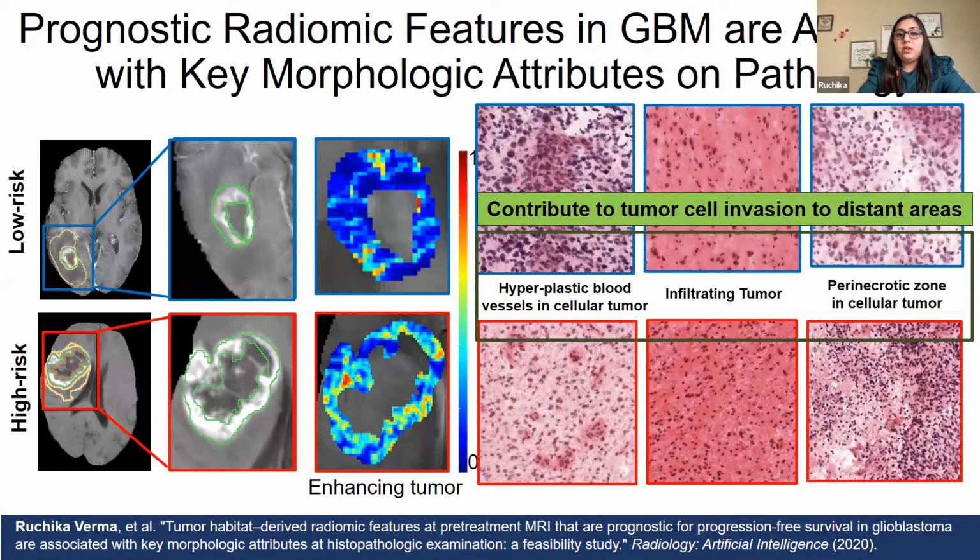These histological regions, as per the literature, are responsible for contributing to tumor cell invasion to distant areas. So tumor cells move from the primary site to a secondary site, and then they start originating again. That is one of the reasons for treatment resistance, or the tumor starts growing again in the secondary site.